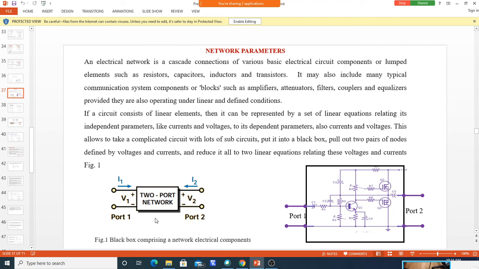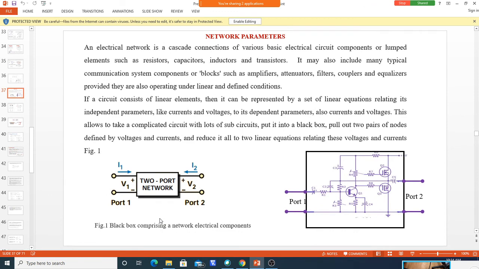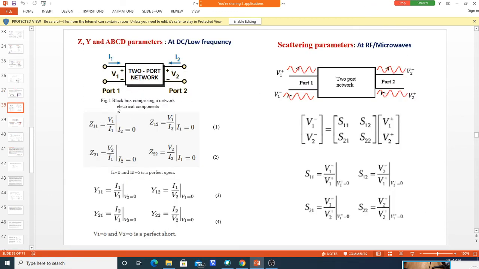That's why the parameters are there: Z parameters, Y parameters, ABCD parameters. We need not know what is inside this box, but by measuring these parameters, Y, Z and ABCD, we can say what is inside the box.